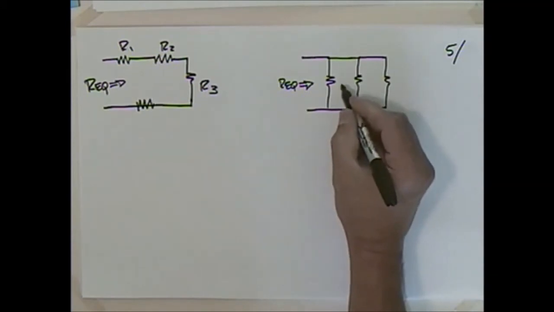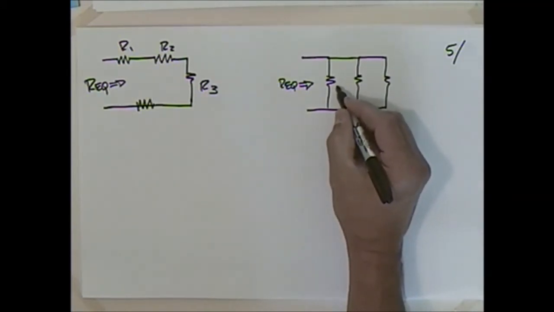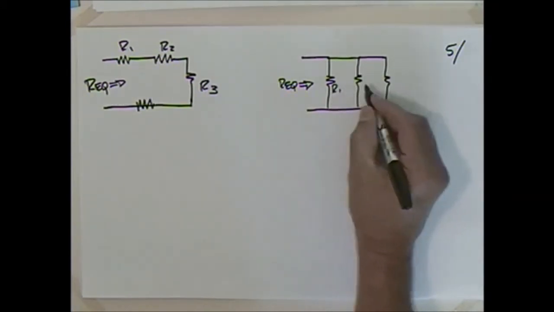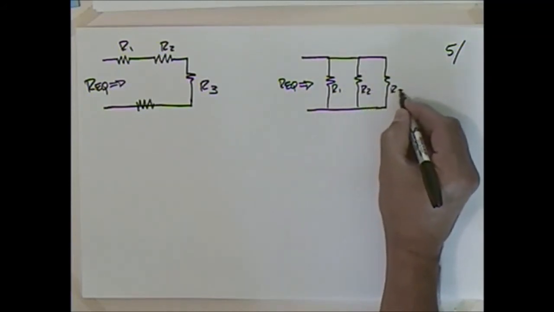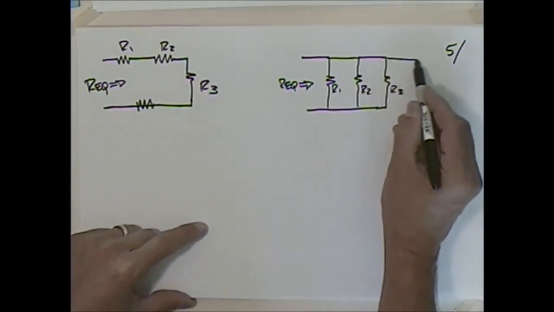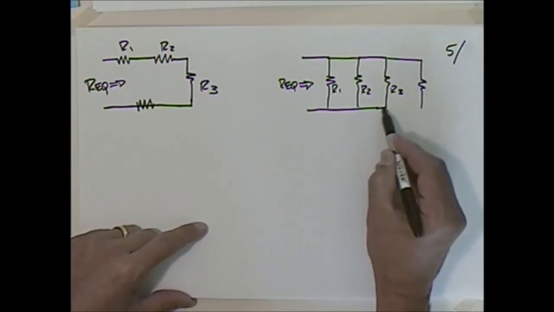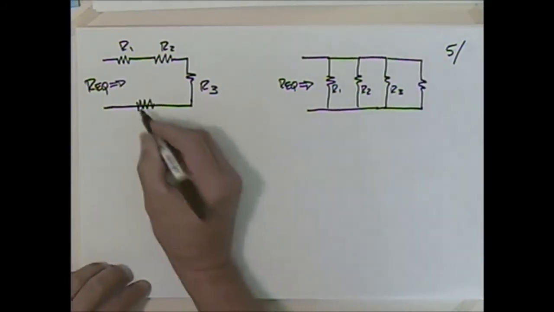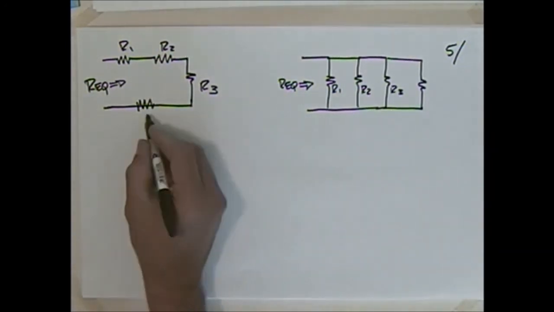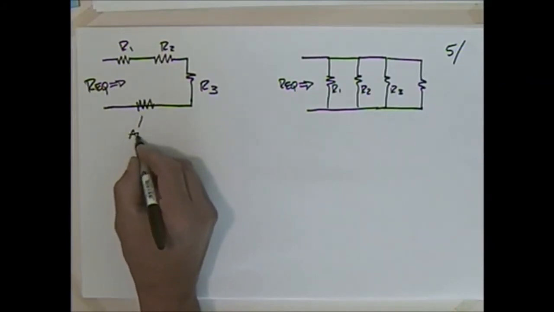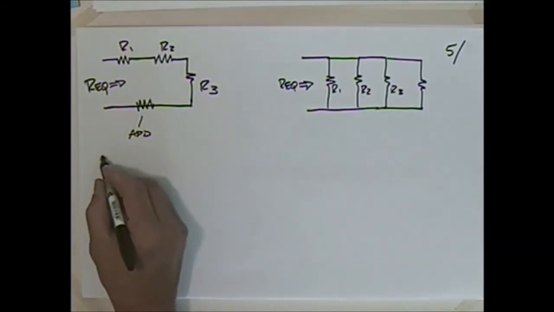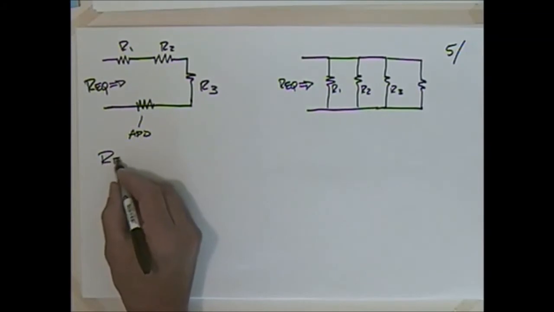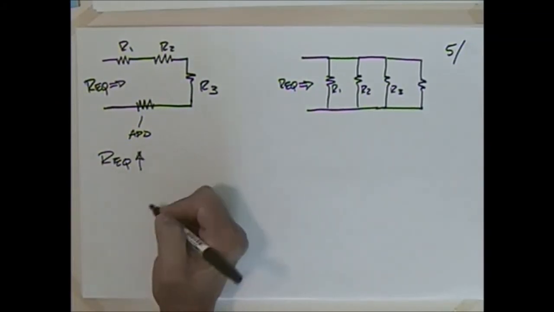What am I going to do here? I've got R1, and R2, and R3. And let's say I come along and I add this resistor here. When I add resistance, when I add this, it increases. So R equivalent goes up.